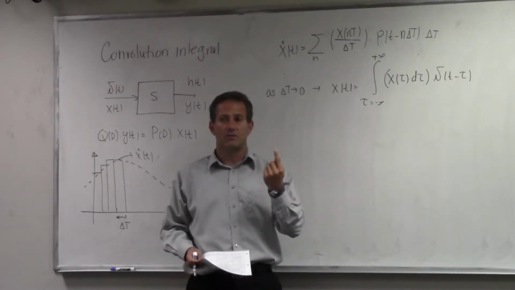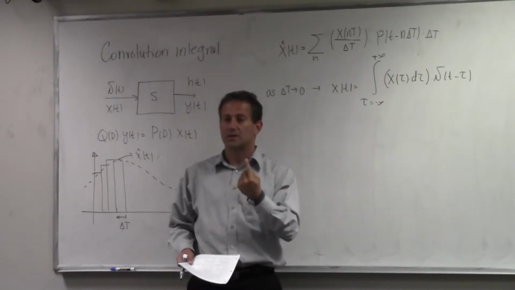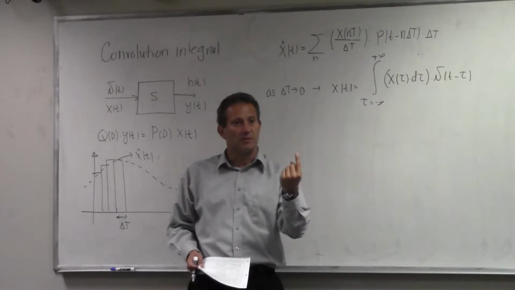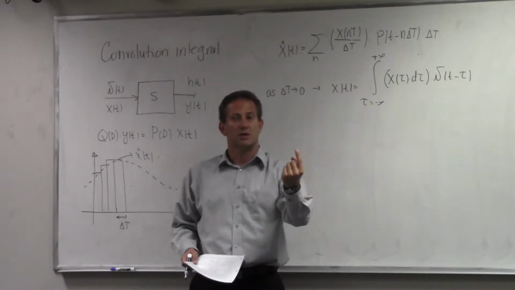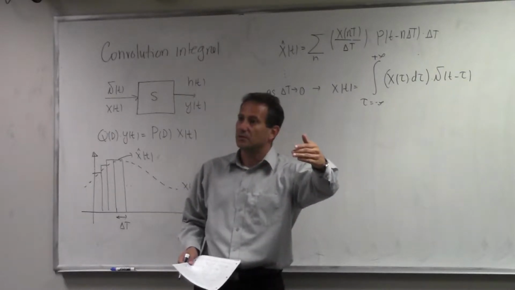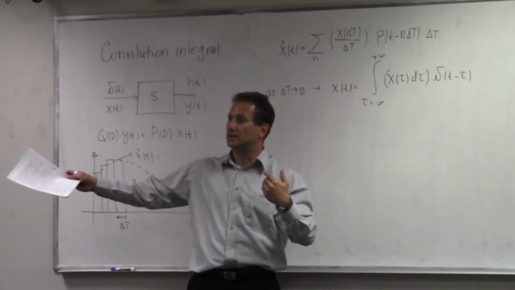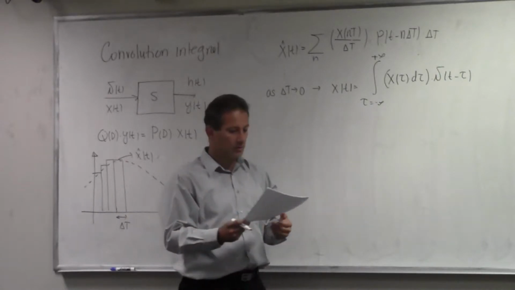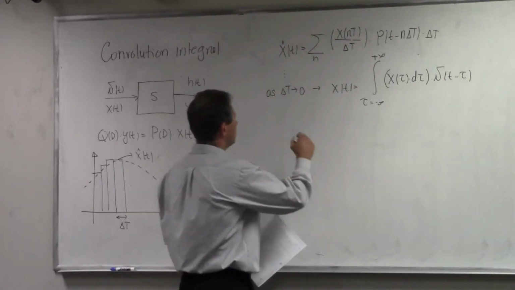And then I know from our analysis that if I hit my system with an impulse, I get an impulse response. So by virtue of superposition, all of these impulses at the input produce impulse responses in the output. It's straightforward to write the output equation.